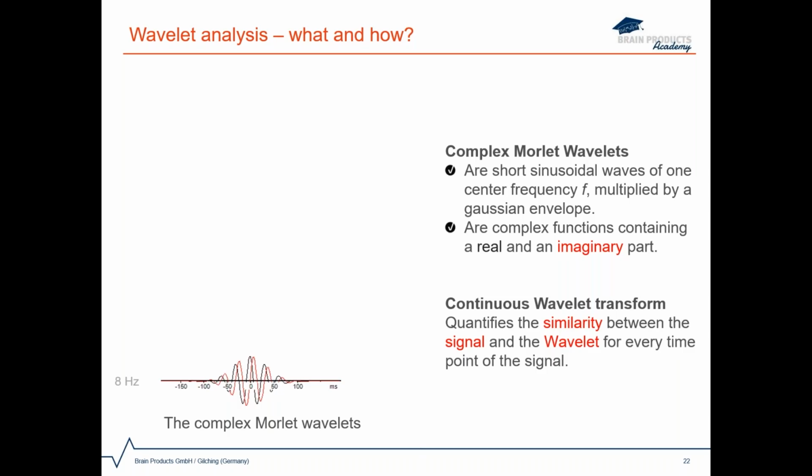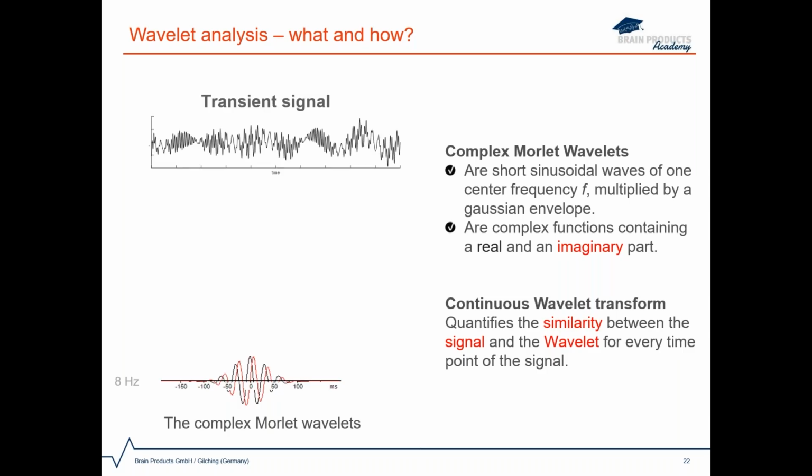How does wavelet transform work? Let's assume we have a transient signal and imagine we center a wavelet on a specific time point on the signal. We then convolve the signal with the wavelet.